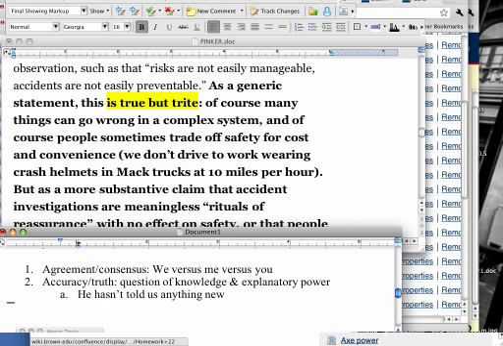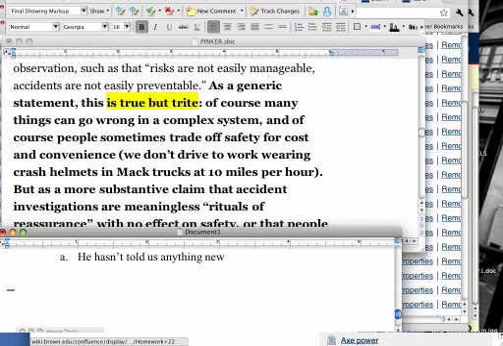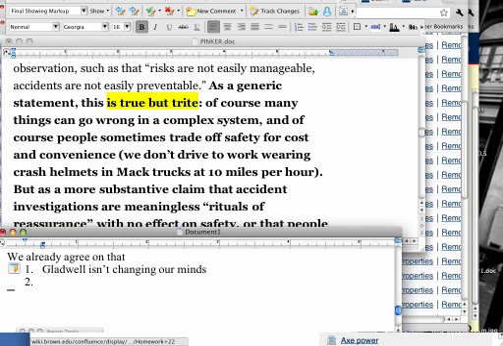I don't know. Yeah, I guess so. Except when it's not. Yeah. Yeah. So the question then is, what's Pinker getting at, right? Is he saying, one, so is he saying that Gladwell isn't changing our minds? Or is Pinker just being contradictory here?